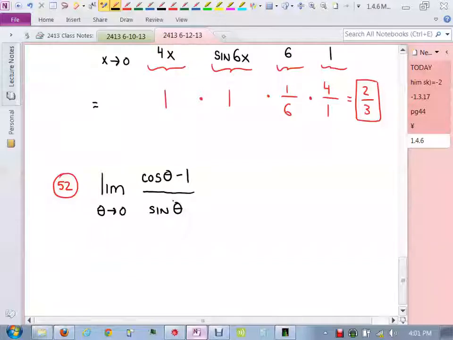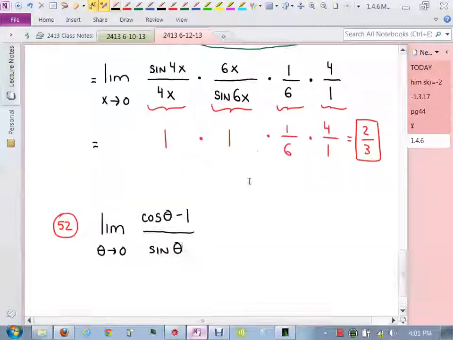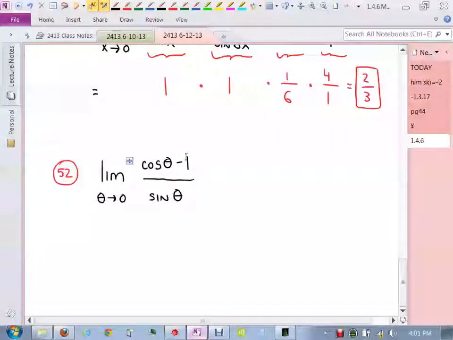So real quick, substitution here. Theta goes to 0. What's cosine of 0? 1. 1 minus 1 is 0. Sine of 0 is 0. So 0 over 0, we've got problems.